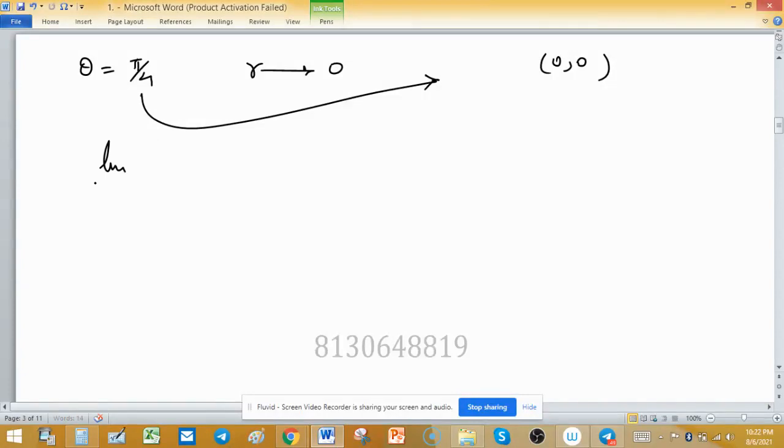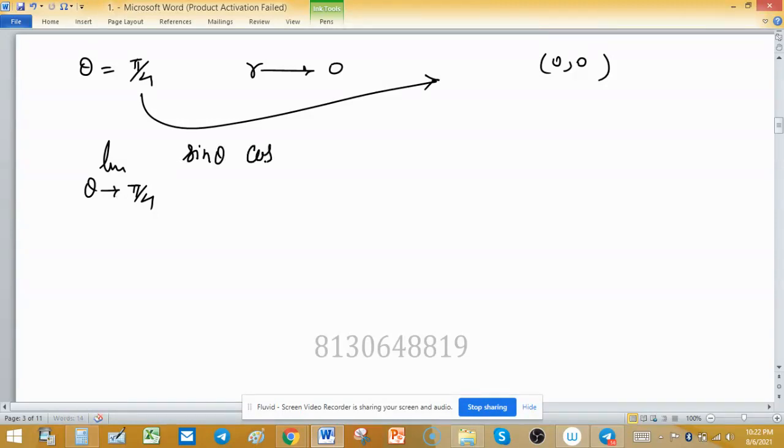So I can write limit theta tending to pi by 4, because the expression we get is only in terms of theta. You can choose theta any value, such as pi by 2 or pi by 4, and always try to choose a value which makes your calculation easy.